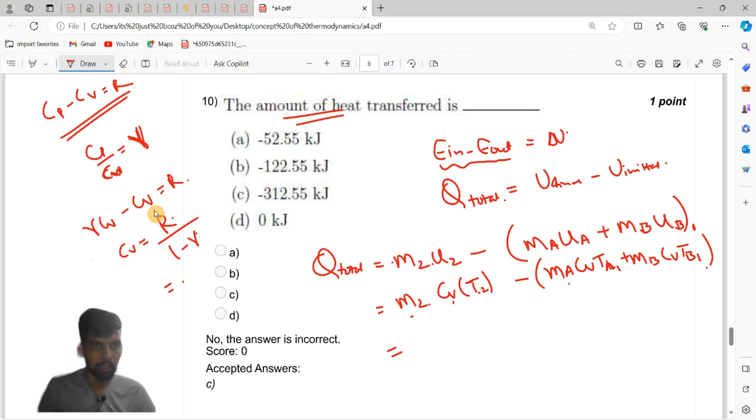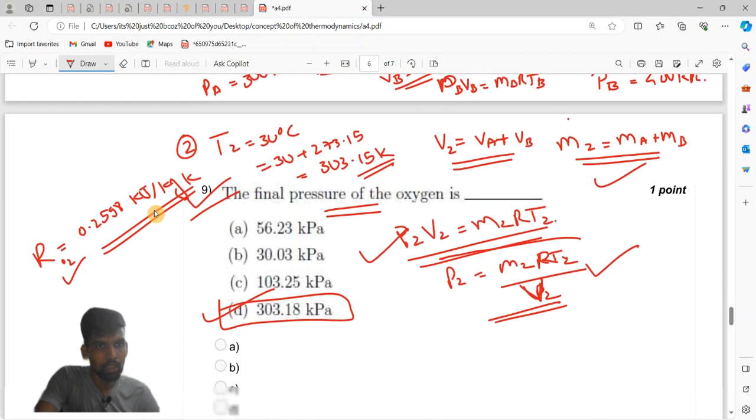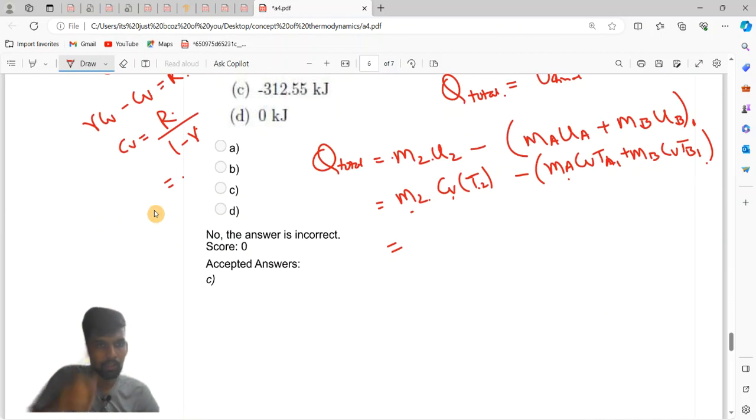Since R is 0.2598, Cv is equal to 0.2598 over gamma minus 1, and gamma for diatomic gases is 1.4, so it is 0.4.